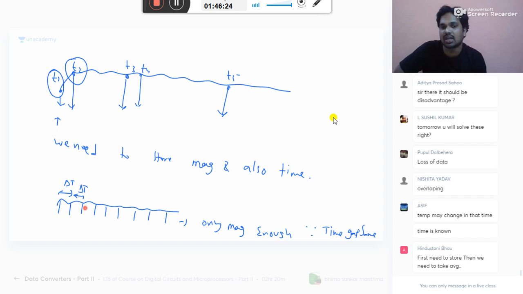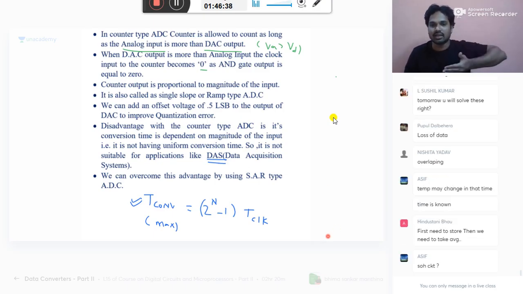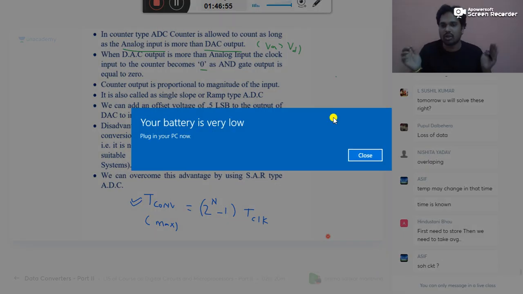This kind of system is required for systems called data acquisition systems. What is data acquisition systems? They are like temperature, weather reporting, etc., where they will collect the data and store it in digital format. They will use it for digital signal processing for their analysis. Because nature is in analog format, first they need to convert it to digital format.